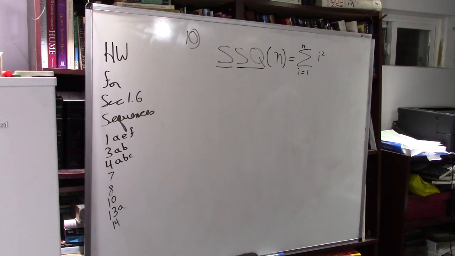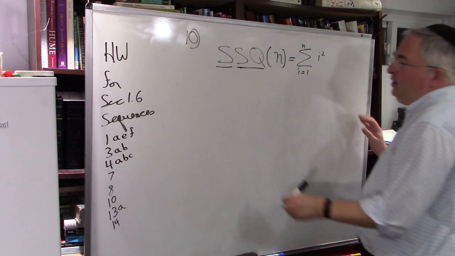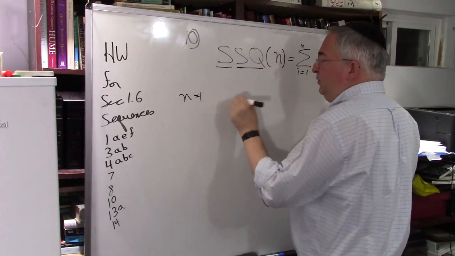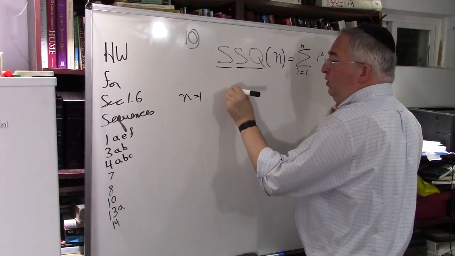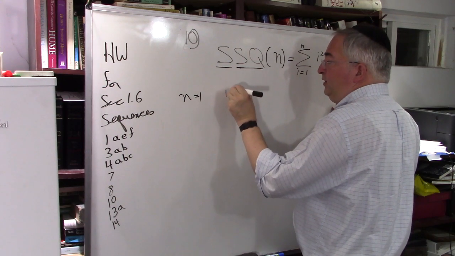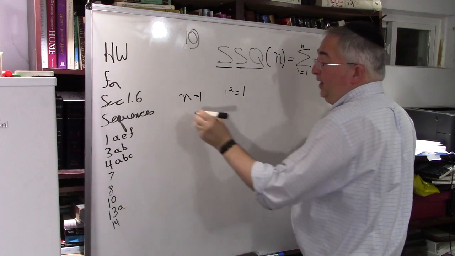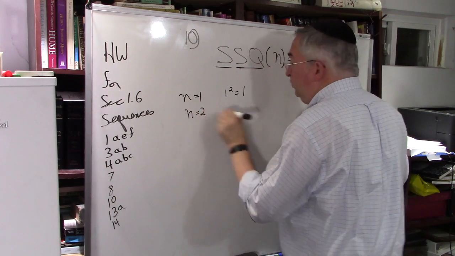Calculate SSQ for 1, 2, 3, and 5. So n is equal to 1. This becomes 1 squared, which is 1. N is equal to 2.